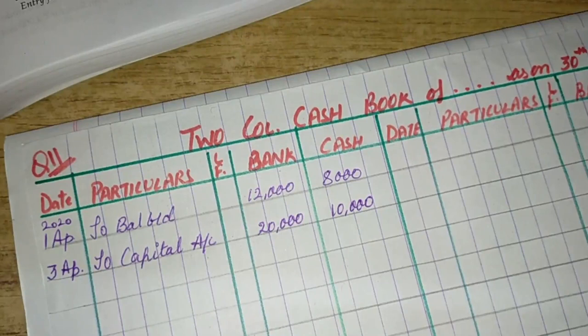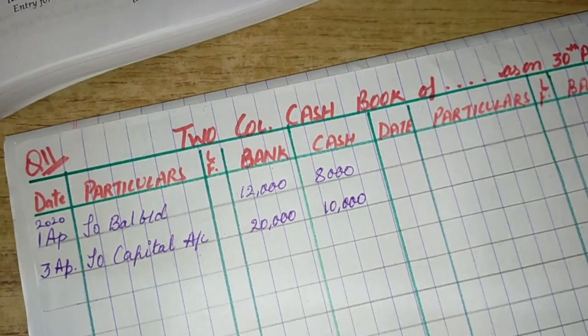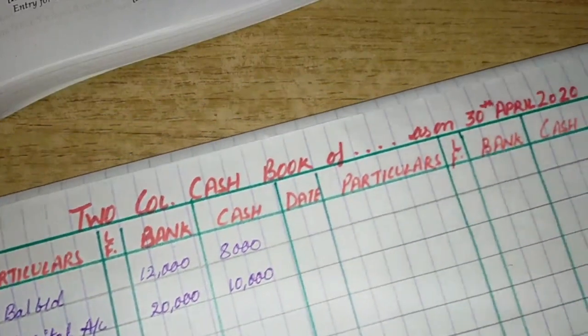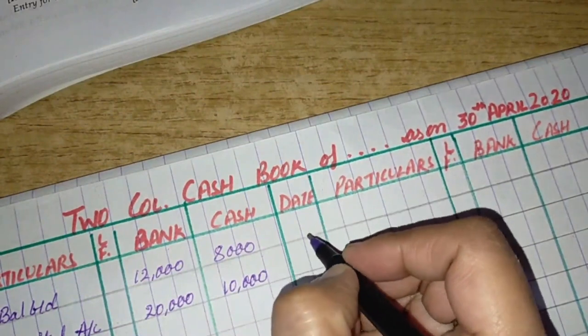Then next on 6th of April settle the account of Gopi rupees 17,000 by issuing a check for rupees 3,500 and rest by paying cash of 13,000. Settle the account of Gopi means we are making payment to Gopi. So we will have an entry this side.